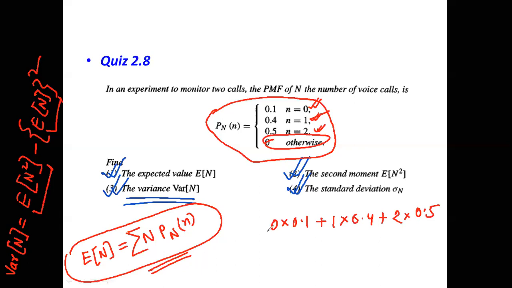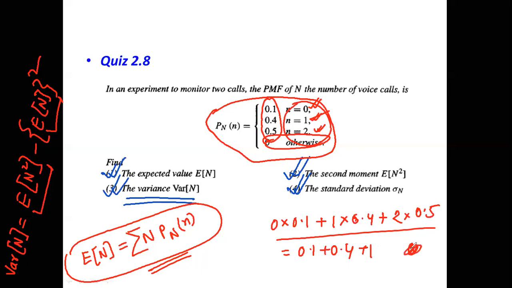We have 3 different values and we have added them. So what is the result? 0.1 plus 0.4 plus 1.